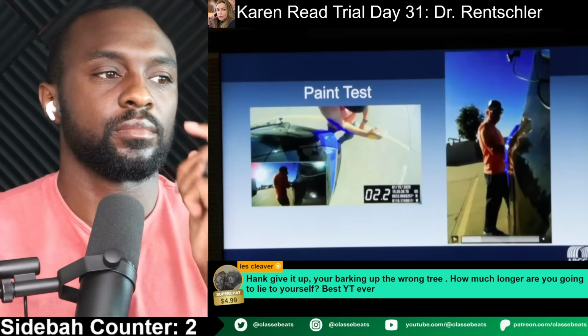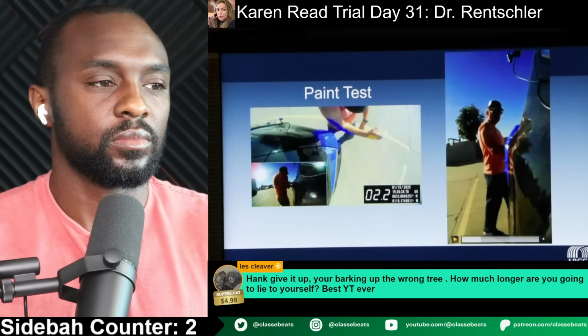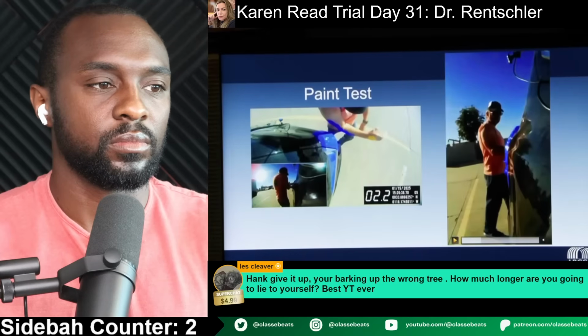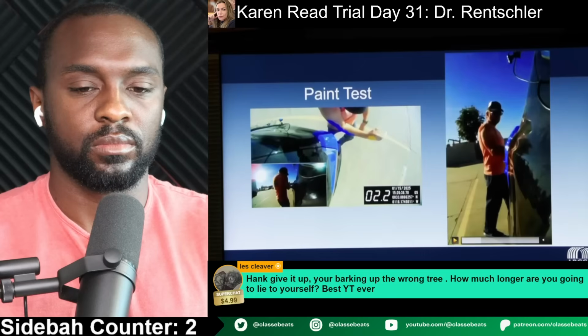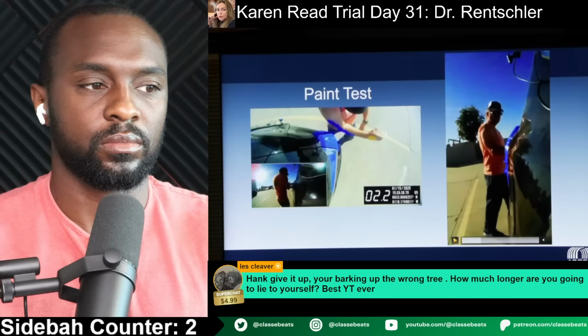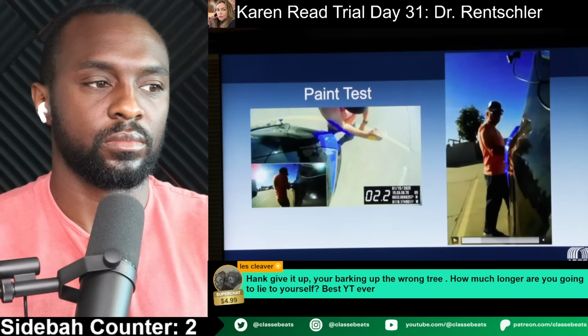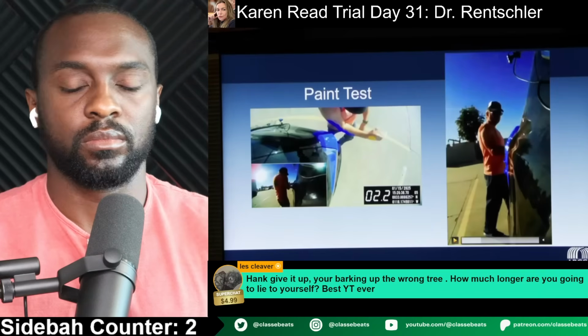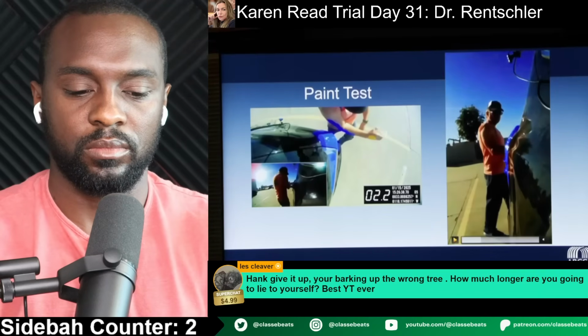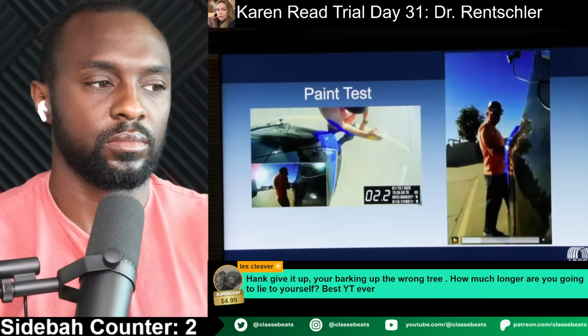But whatever position it's at, you can see as the car backs up here, look at the elbow and the upper arm. If the car backed directly in this direction, there would be no contact with that elbow or the upper arm. And remember, this test is to show where the paint would transfer and if that correlates to the lacerations. You mean before you start the video, when you say there would be no contact with the elbow or the upper arm, you mean the biceps area and from the elbow up?